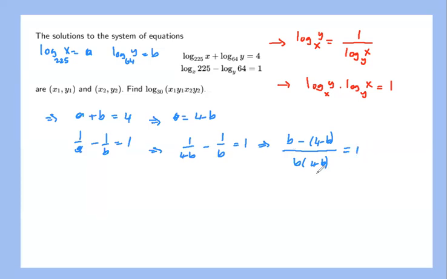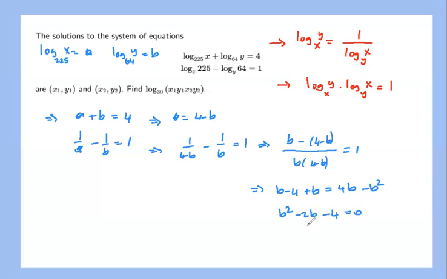If I simplify this a bit, the numerator would be just b minus 4 plus b, which equals 4b minus b squared. If you pull everything to one side, add b squared to both sides and subtract 4b from both sides, so you have 2b minus 4b, which is minus 2b, and then there is a minus 4 equals 0.